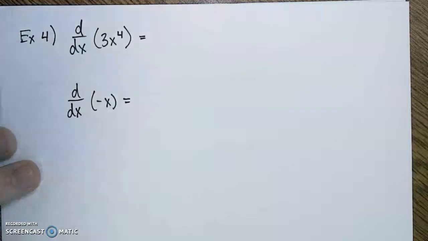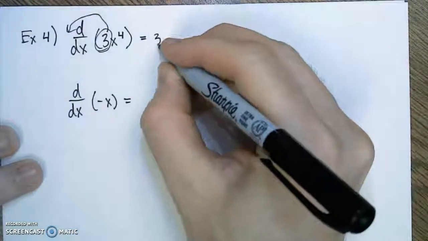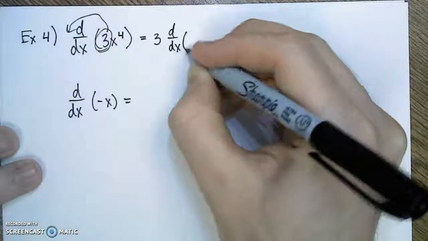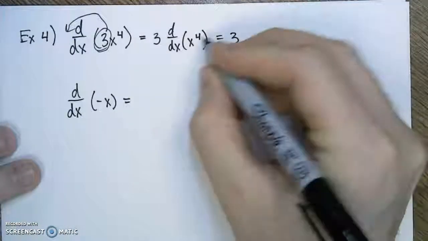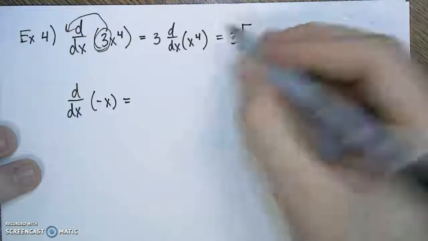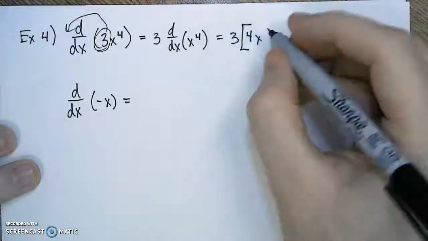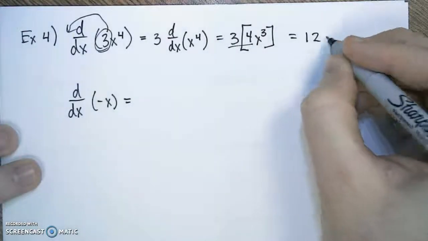So using that property, when there's a constant, you can bring it in front of your derivative. So you would do 3 times the derivative of x to the 4th. And then you would take the derivative of x to the 4th, which you move your 4 in front, and then you take 1 away from the 4, so cubed, and then at the end you can multiply those back together.